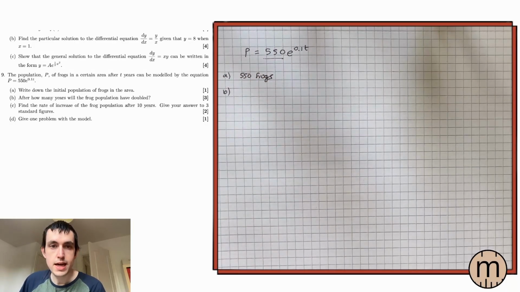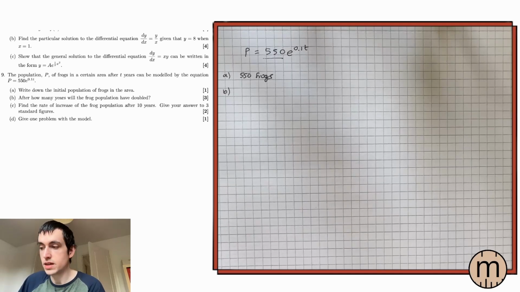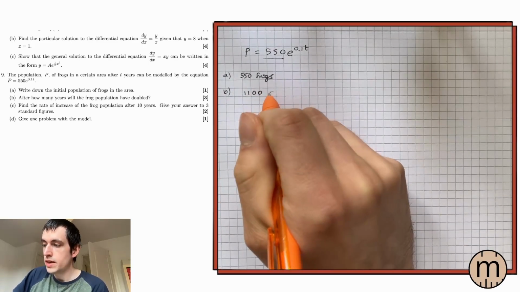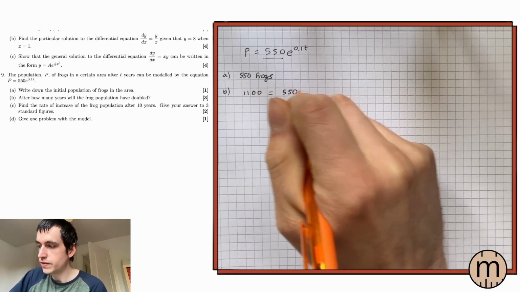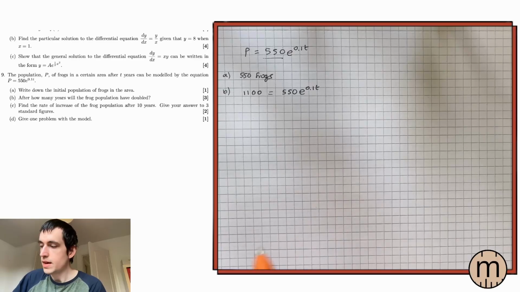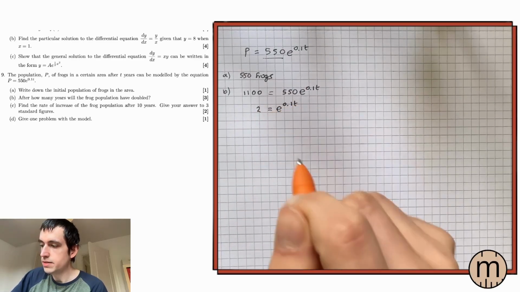For part B, after how many years will the frog population have doubled? Well, if it starts at 550 and it's now doubled, it's now 1,100. That's the population, and we know that the population is equal to 550 e to the 0.1t. That means if we divide, we get 2 is equal to e to the 0.1t.